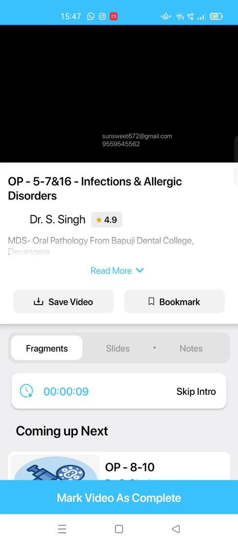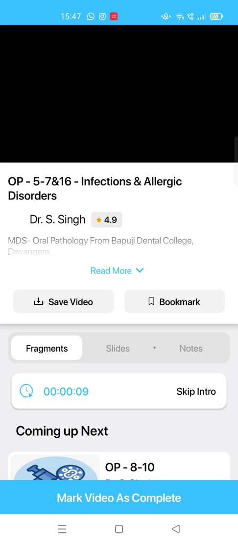Now, the basic difference between herpes and recurrent aphthous stomatitis: secondary herpes is also called cold sore, and the recurrent aphthous stomatitis minor variant, the most common type, is called canker sore. Okay, this is cold sore, this is canker sore. Secondary or recurrent herpes mainly affects the keratinized mucosa. That is why it is more commonly seen in the lip area or the skin surrounding the lip.